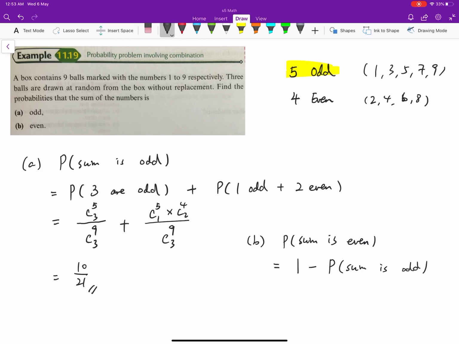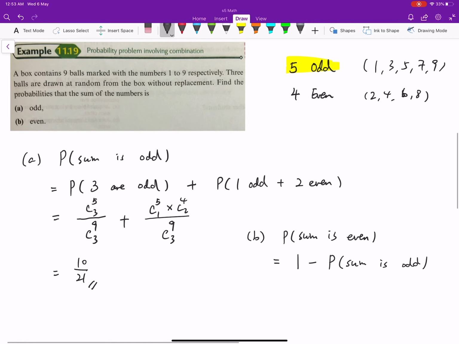Because they are all integers, the sum must be either odd or even. So you just use 1 minus part A and then you will get the part B answer. So we get this. Now please do the quick practice for 11.18 and 11.19 to become familiar with the skills in these 2 questions.